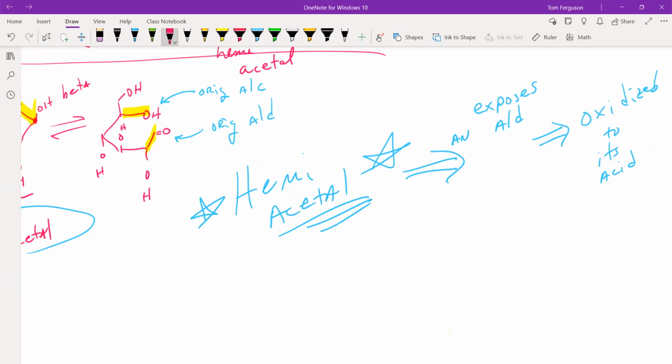So if we take this opened up form, okay, so that's the opened up glucose.